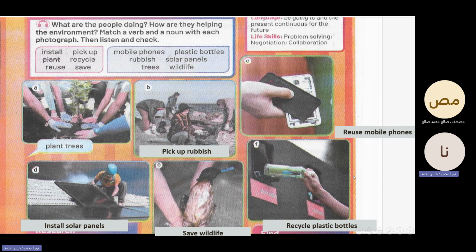So recycle plastic bottles. In Germany, for example, people don't ever throw away old plastic bottles. Instead, they sell them, as you can see, and they earn money, and they can use the money to buy other things. So this might be another way of saving our environment.